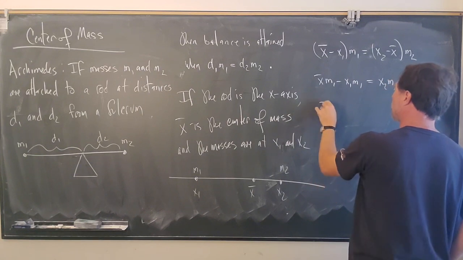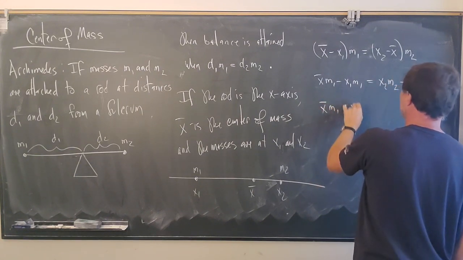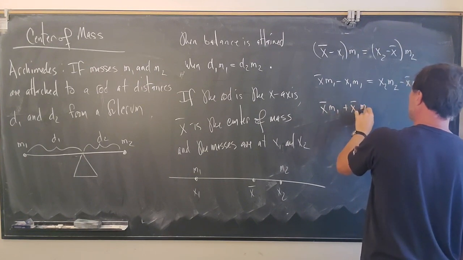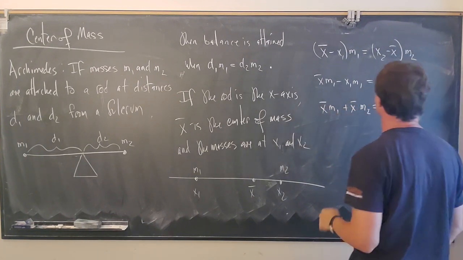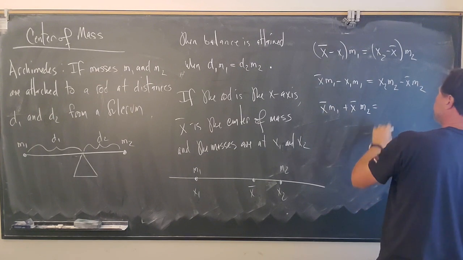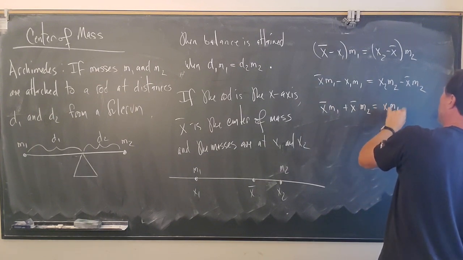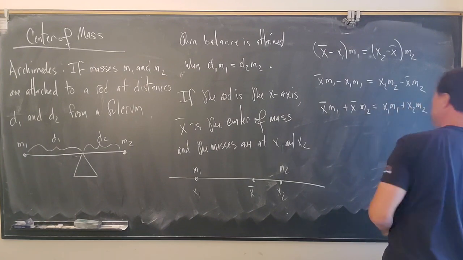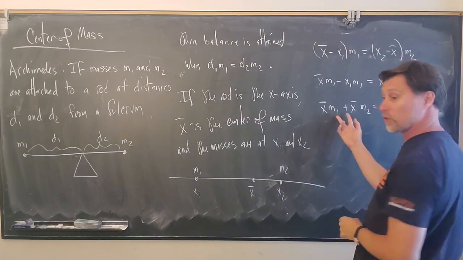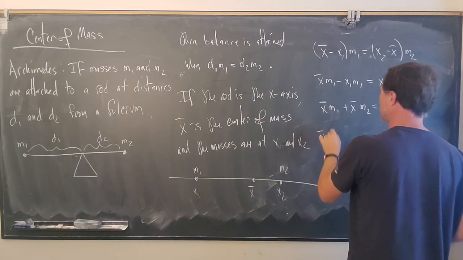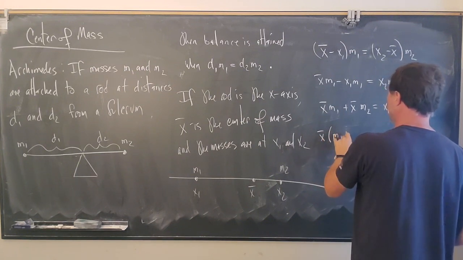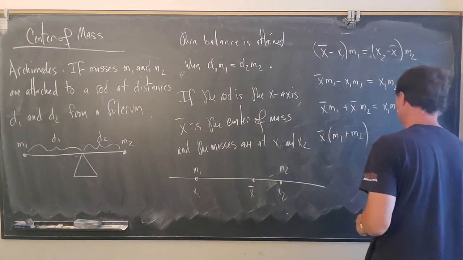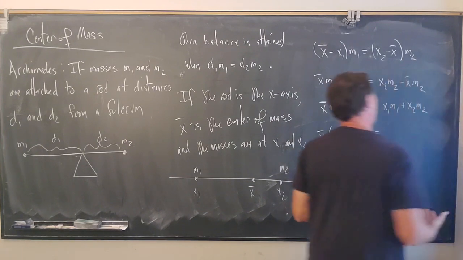So we'll have x bar times m1 plus x bar times m2 equals x1 m1 plus x2 m2. I'm going to factor an x bar out of each piece, so that'll be x bar times m1 plus m2.